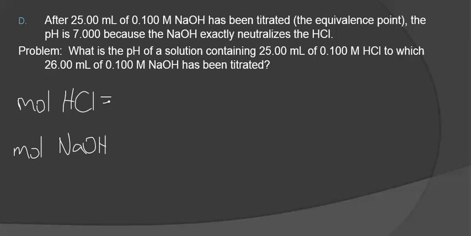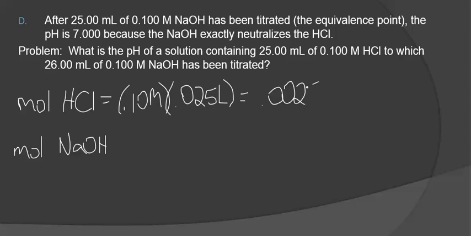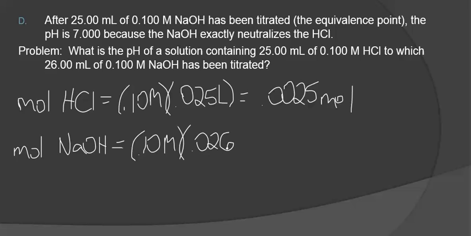So moles of acid. We have 0.1 molar. Its volume is 0.025 liters. For the base, we have 0.1 molar NaOH, and the volume is 0.026 liters of the base.